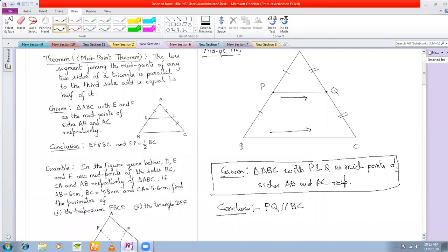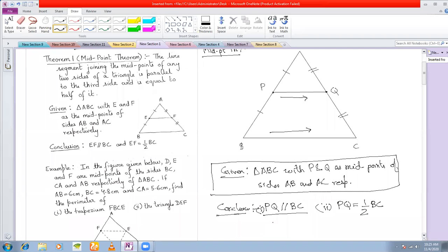Not only that, according to the midpoint theorem, you can make two conclusions: that PQ is parallel to BC, and that the length of PQ must be equal to half of the length of BC.